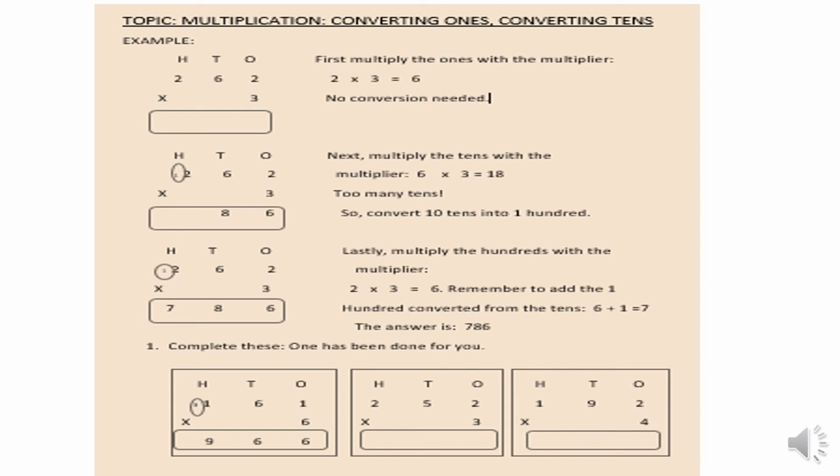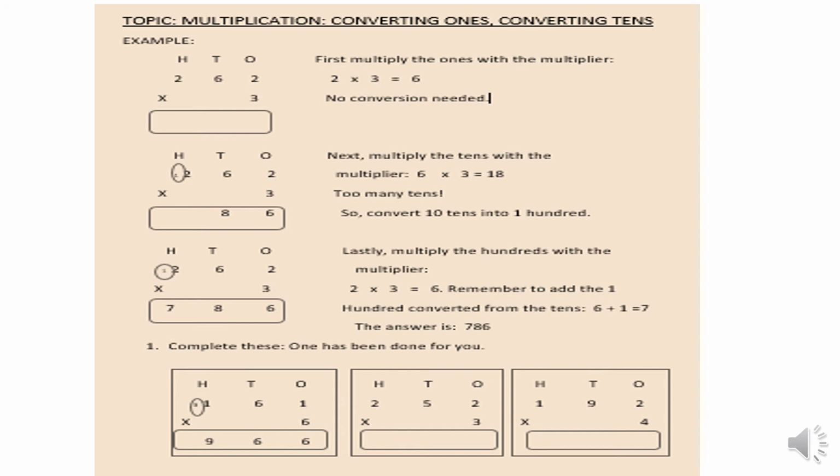In this example the number given is 262, and you have to multiply this number by 3. You will start from the ones. First multiply the ones with the multiplier. Here the multiplier is 3. So no conversion is needed. 3 multiplied by 2 equals 6.